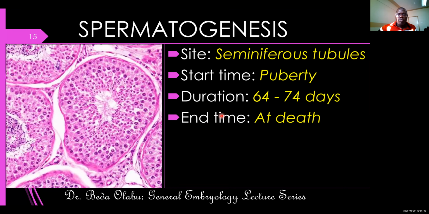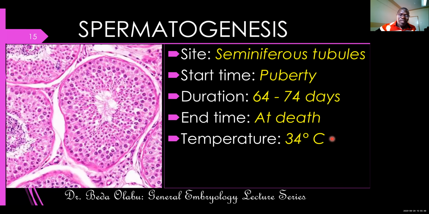The process of spermatogenesis, only the grave separates us from spermatogenesis. You'll see the difference in female. So spermatogenesis continues throughout life. The best temperature for spermatogenesis is some 2 to 3 degrees below the normal body temperature.